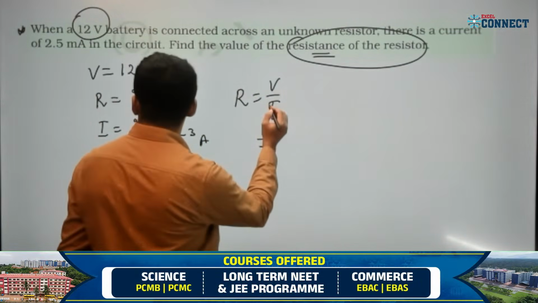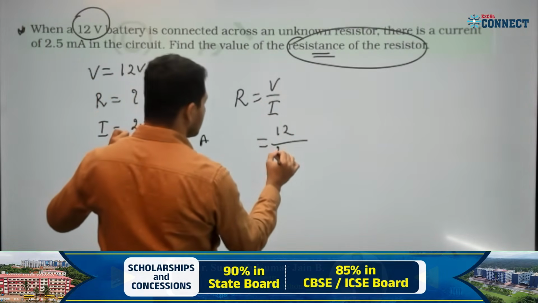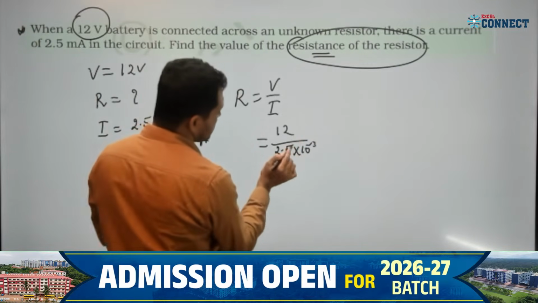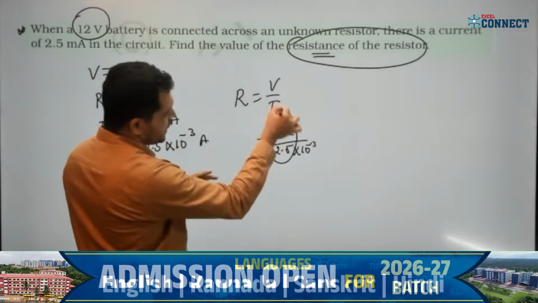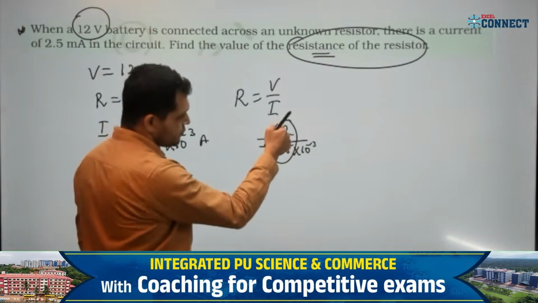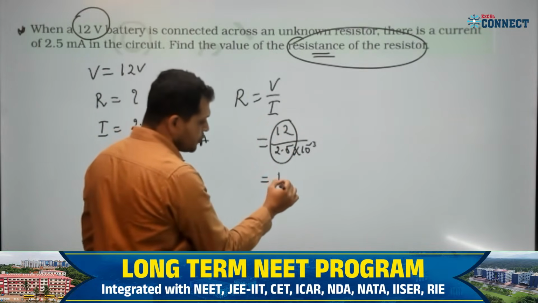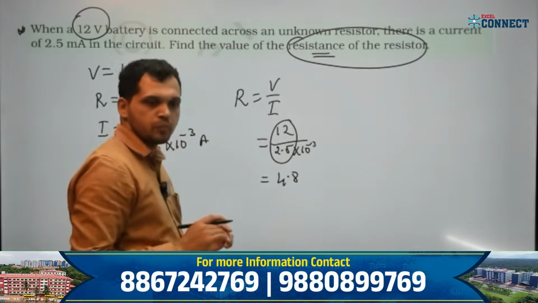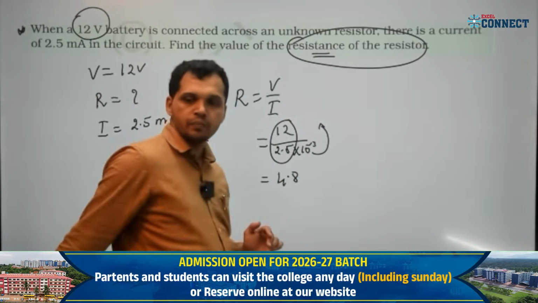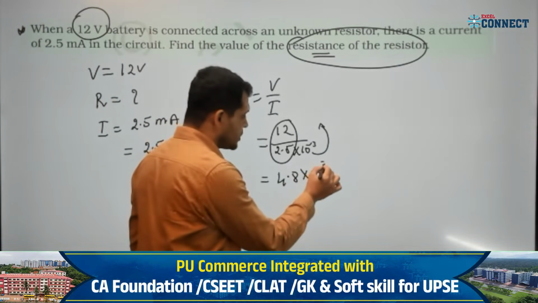See, V is 12 divided by I, the current, which is 2.5 into 10 power minus 3. First, what you have to write? 12 by 2.5. 12 by 2.5 is 4.8, correct? The 10 power minus 3 you take to the numerator, so 10 power plus 3.